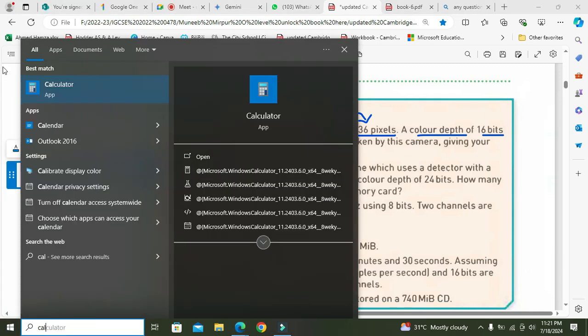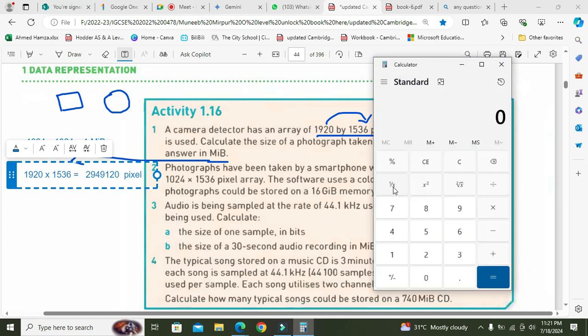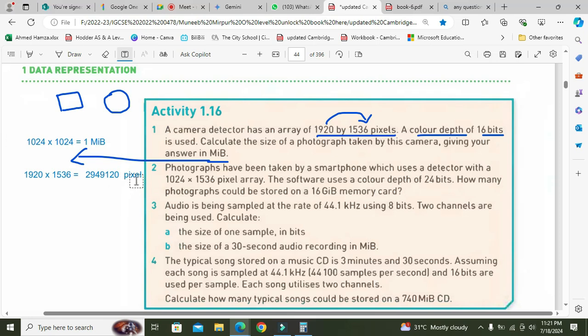Let me verify this quickly. 1920 multiplied by 1536, you will get 2949120. Excellent. We got the answer in pixels, so we need to multiply with the color depth. When we multiply this answer with the color depth, we get 47185920. Yes, good.